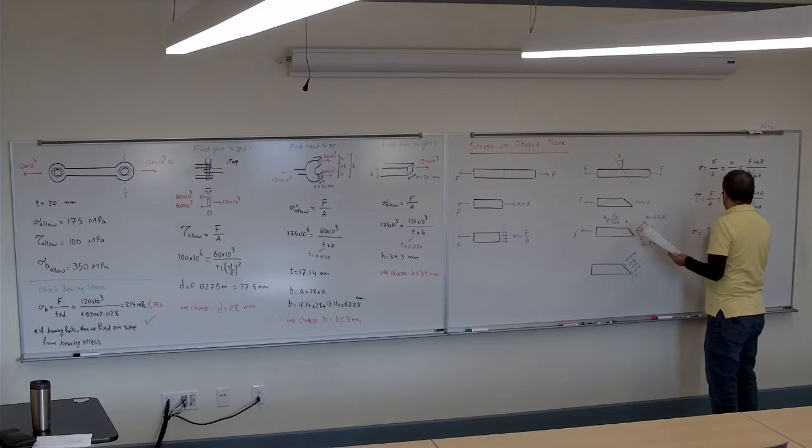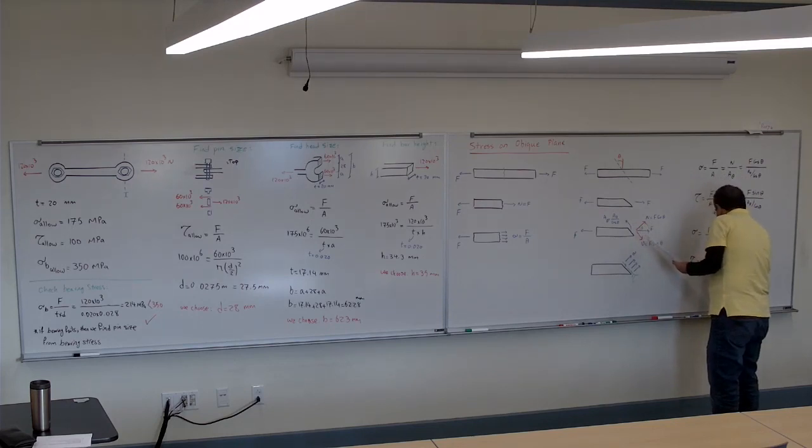The sigma is F divided by A0, cosine theta squared, and tau is F divided by A0, sine theta cosine theta.